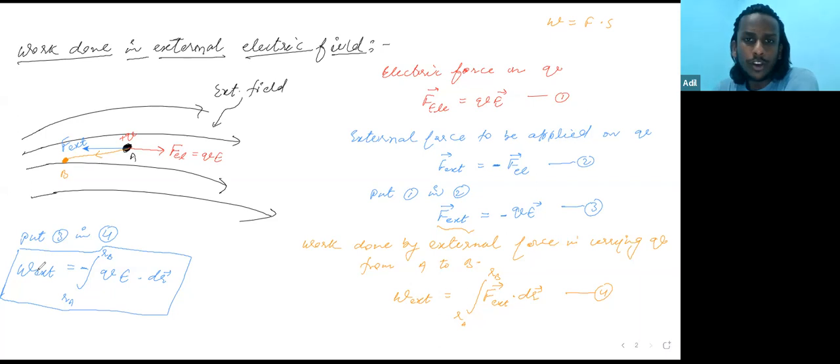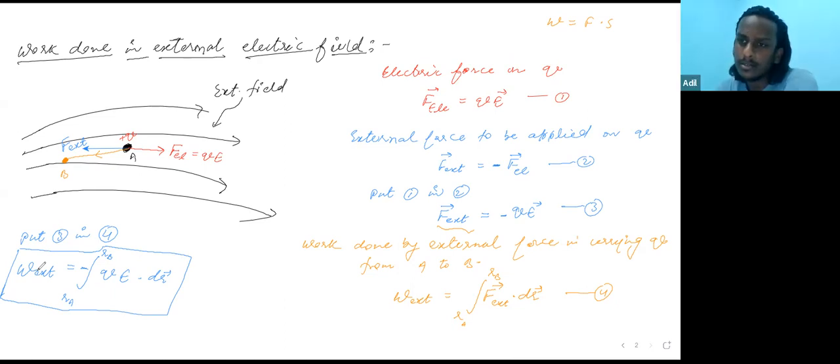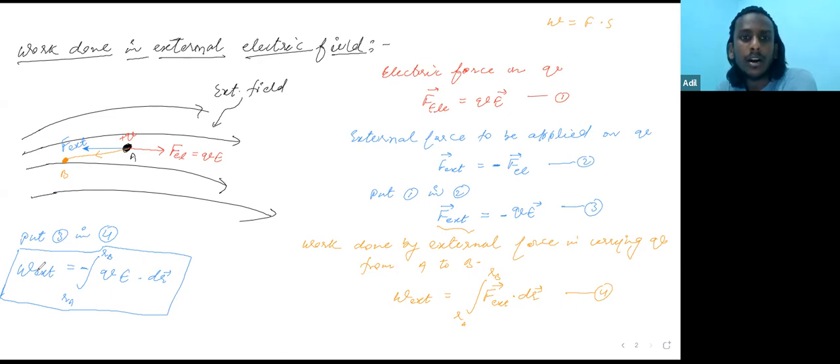What is your ongoing topic in your school, Harsh? Sir, in school they are doing current electricity, the third chapter. But from next week I have my physics unit test, sir, on 22nd June. What is your syllabus for your next test?